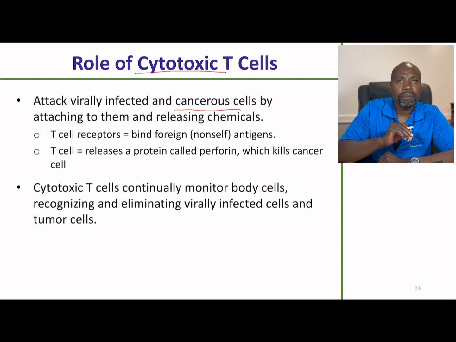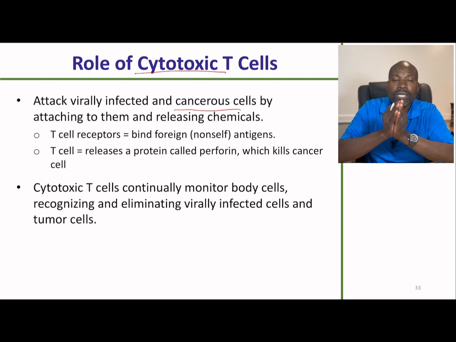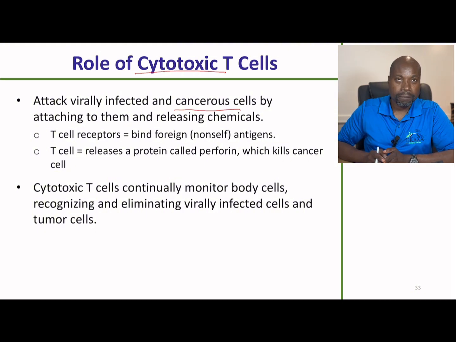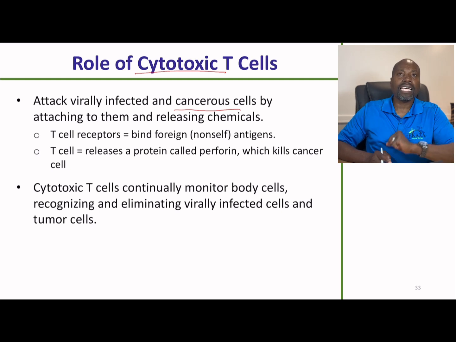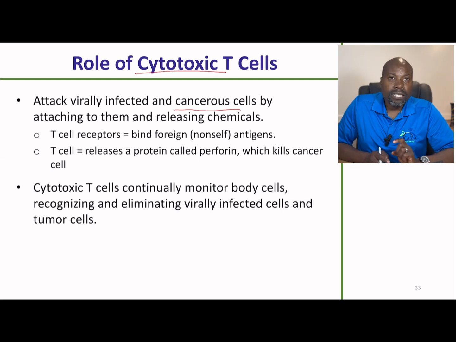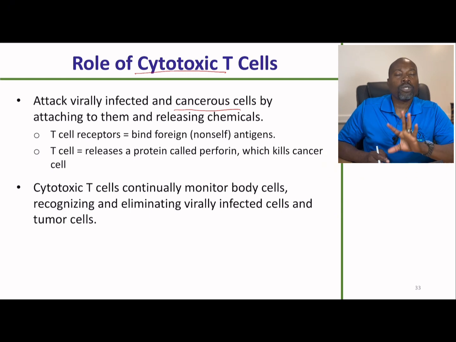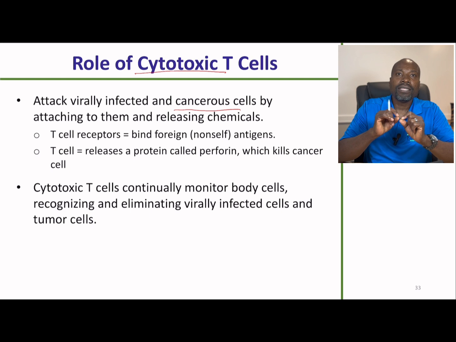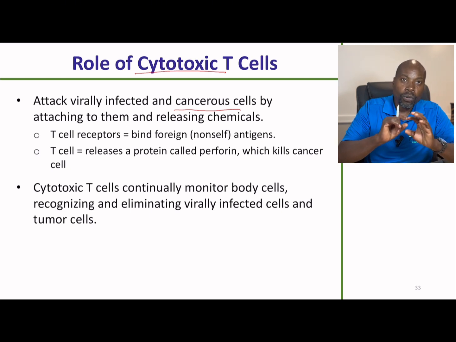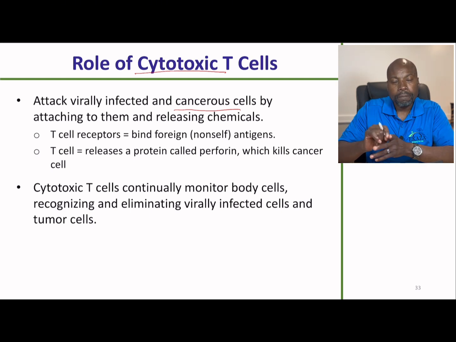But how do they do that? They are going to come in contact with the cell to be killed. So the MHC is presenting an antigen. The cytotoxic T cell with its receptor is going to recognize that MHC with the antigen, so they're going to come close together. The cytotoxic T cell is going to release some proteins that we call perforins. These perforins are going to poke holes in the cell to be destroyed.